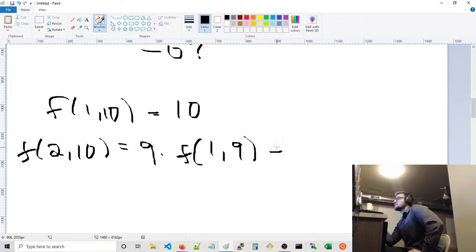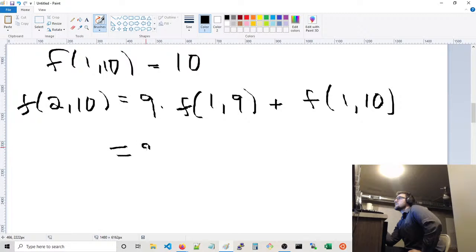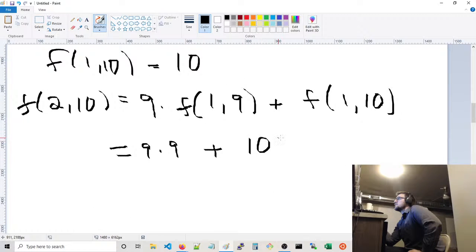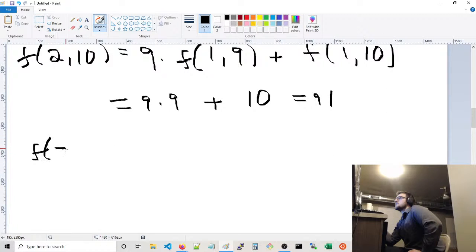Right, 9 of those times you remove a character, but 1 of those 10 times you don't remove a character from the set. And then you say this is 9 times 9 is 81, and then f of 1 is 10. That gives you 91.